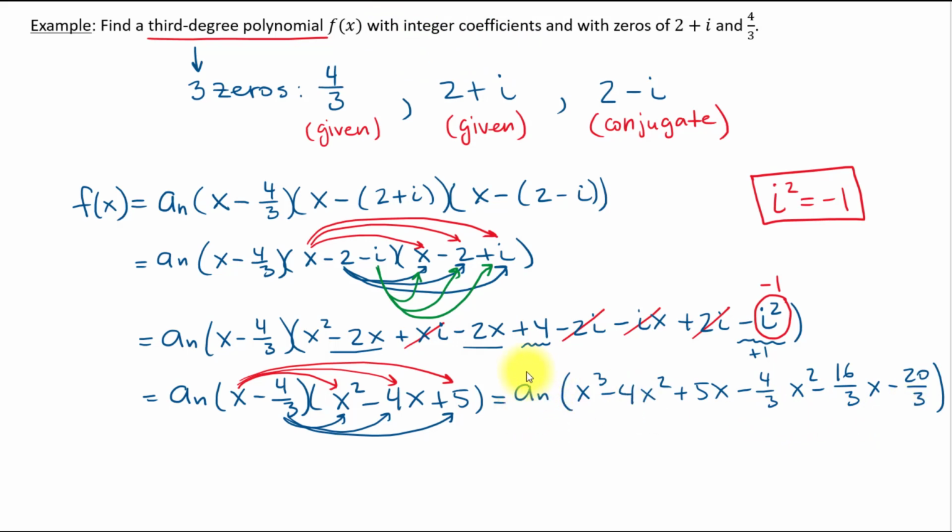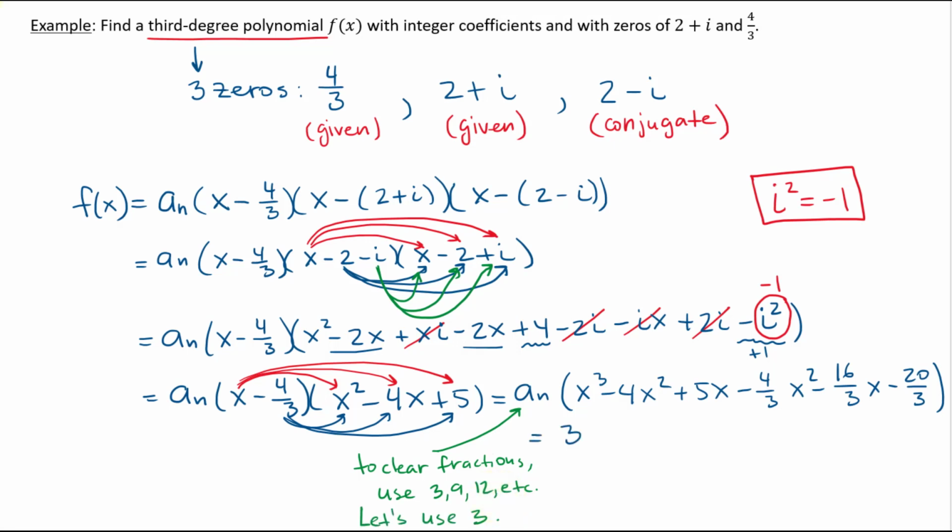So basically, we have different choices for a sub n in this case. But no matter what we choose, it should be such number that once we multiply all terms by that number, fractions are cleared. So obviously, this leading coefficient should be a multiple of 3. So we can choose from numbers 3, 9, 12, etc. Well, let's go with the lowest number to make it easier to multiply.